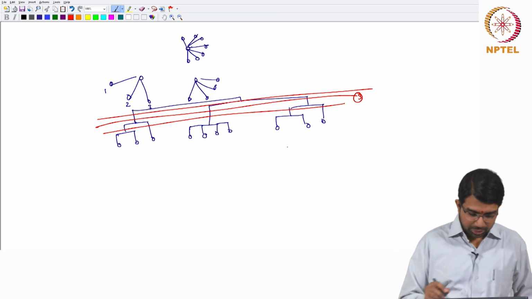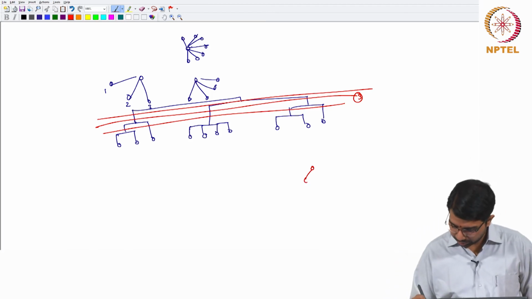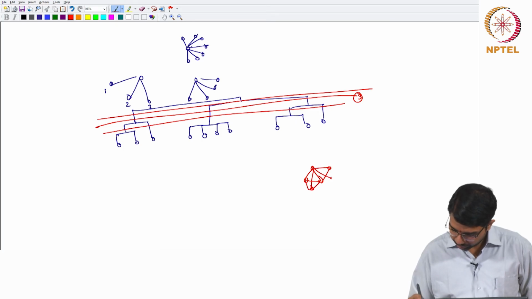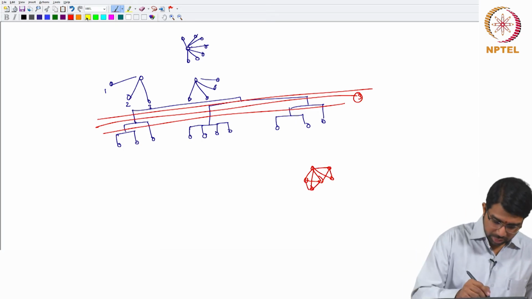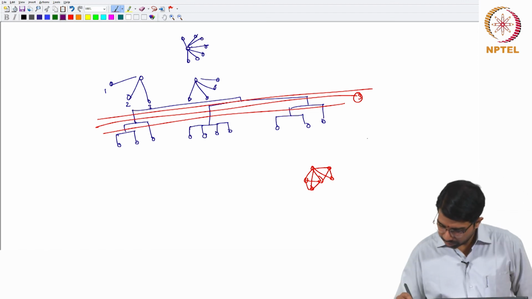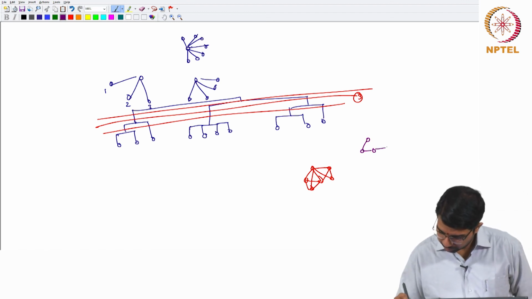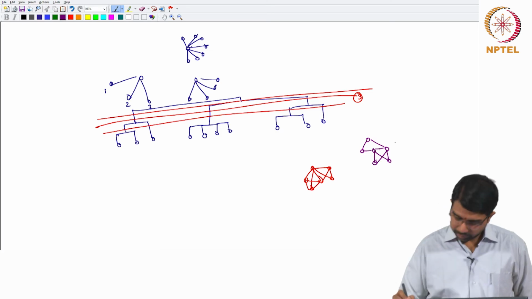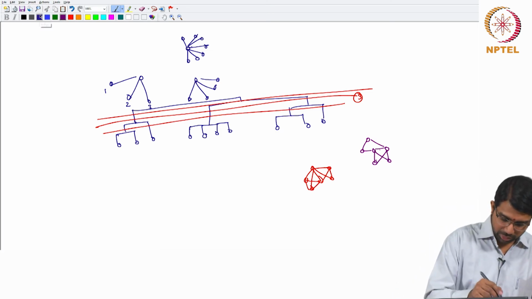So, you would start with a sort of community, and make some more communities. All these look like communities, no?